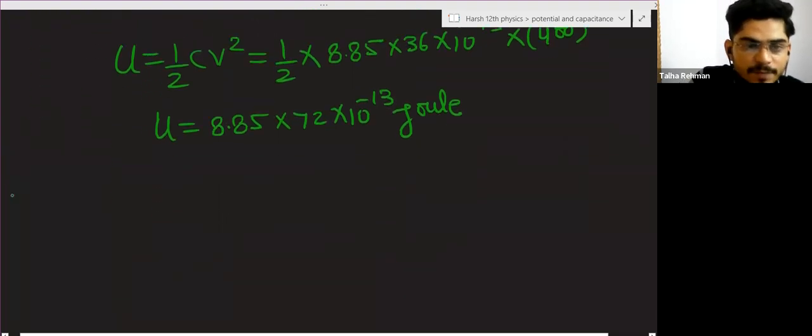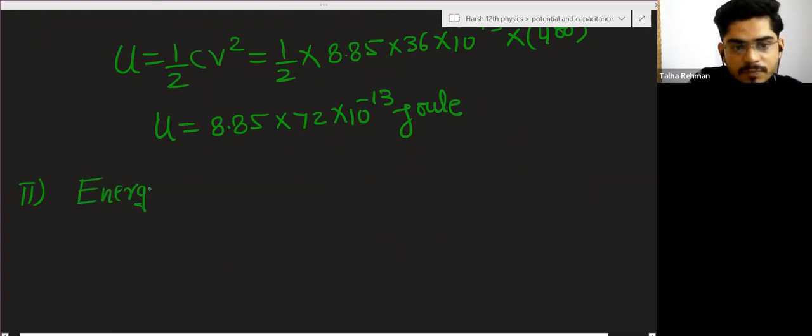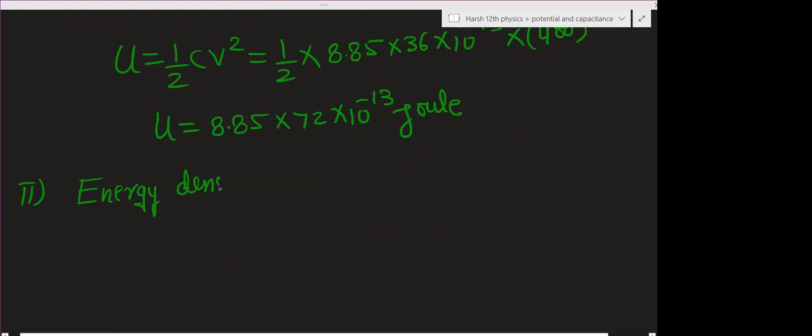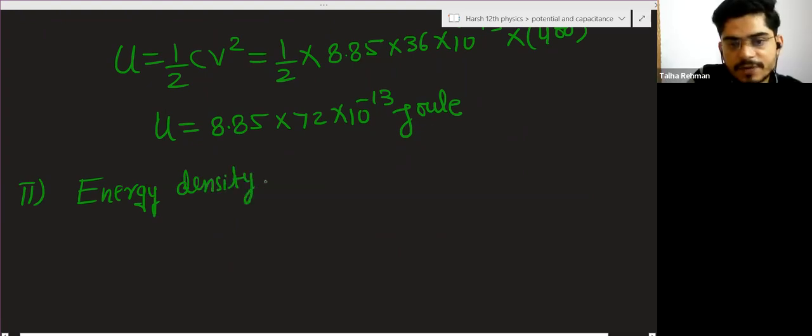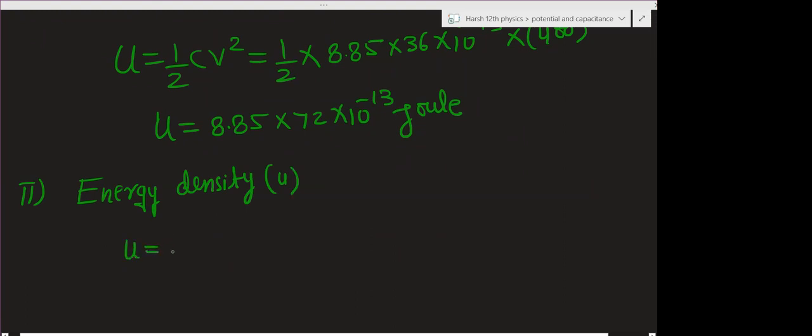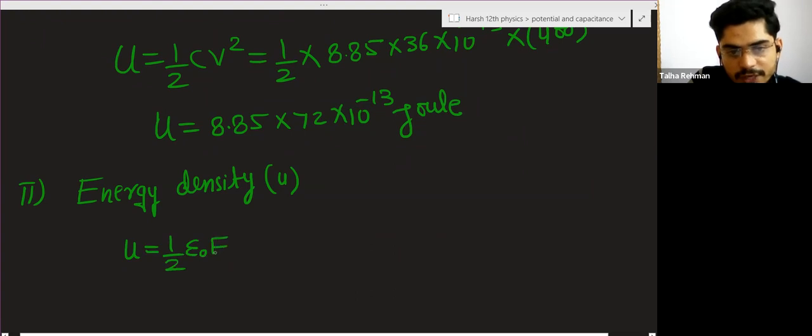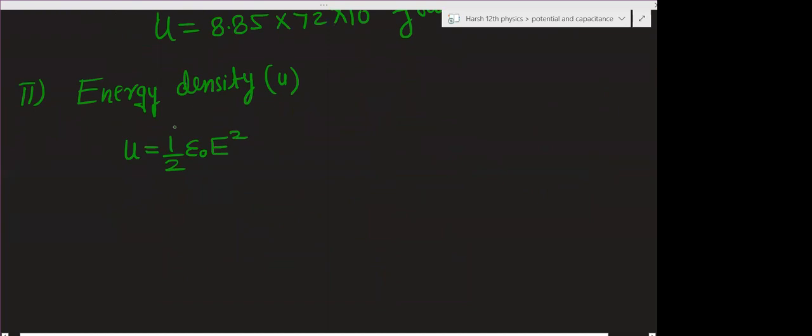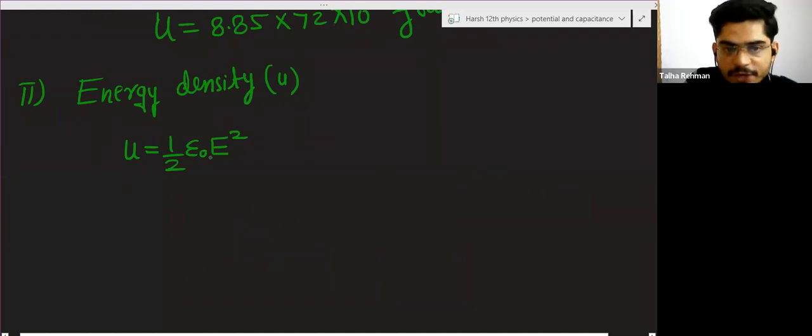Second part is we have to calculate the energy density. Energy density is represented by small u, and small u is half epsilon 0 into electric field square. We have half, we have epsilon 0, but we do not have electric field.